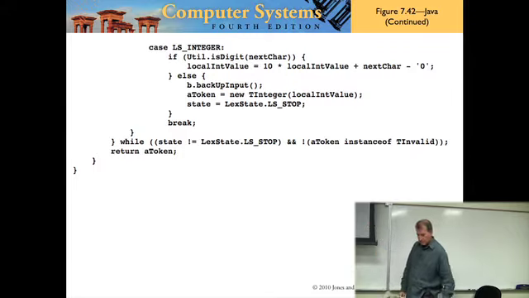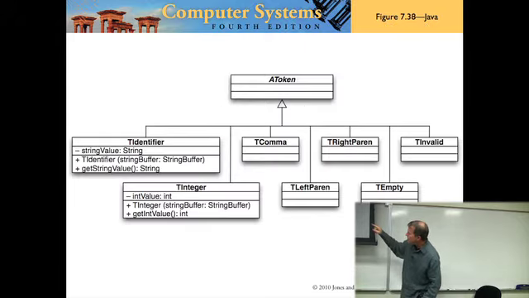Now within those tokens, maybe we should look at what those tokens are. The token classes. Did we look at that before? Those are the states. We have the identifier, and T integer.